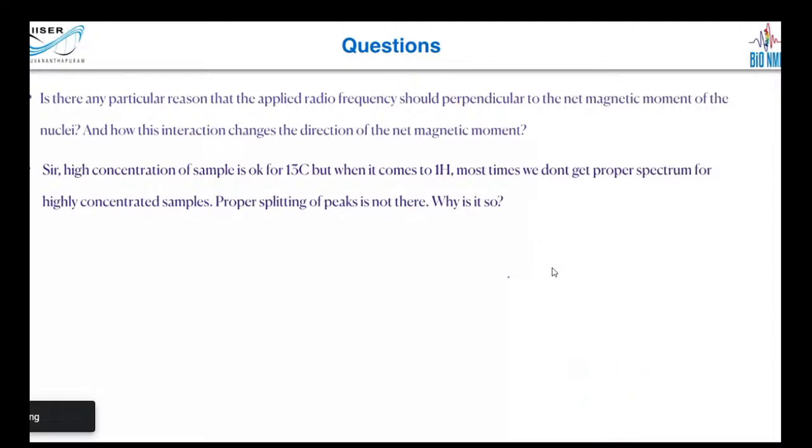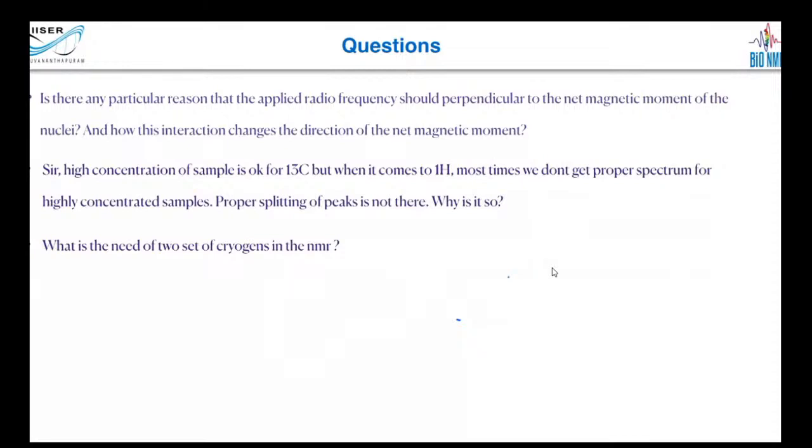Now the third question: what is the need of two sets of cryogens in the NMR? Typically, in your room where you have AC and all, the temperature is kept at 25 or at most; actually, it should be kept at 18 degrees Celsius.